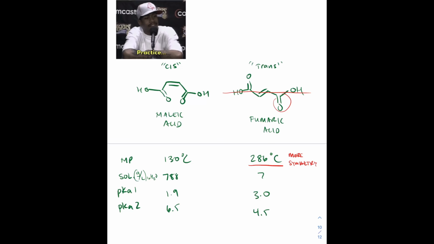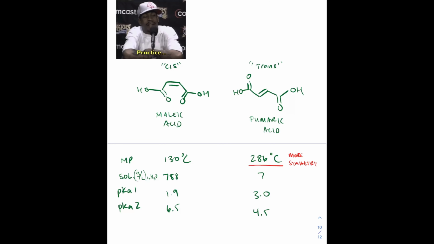We have a carbonyl group on this side coming down, and then an OH there, OH here, and a carbonyl going on the other side. So although they both look very similar, the fumaric acid is actually more symmetrical.